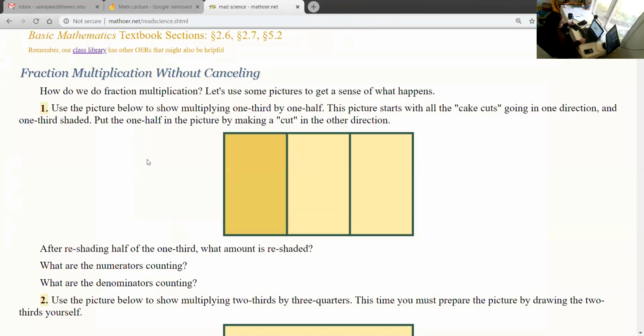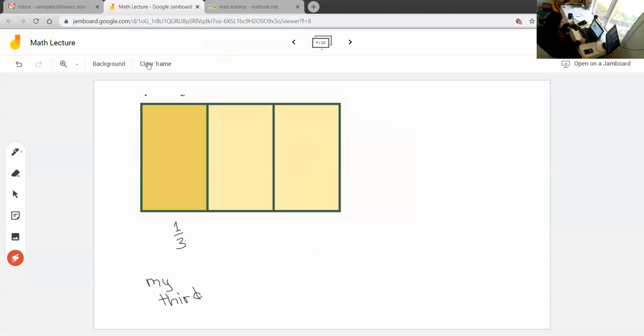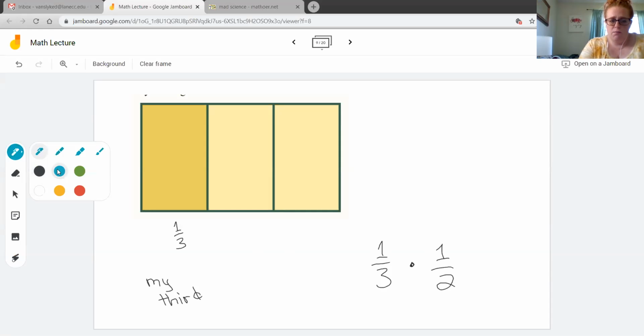So we want to show multiplying 1/3 times 1/2. So if I was to do 1/3 times 1/2 as a picture, how would I draw that? Another square with just half of it shaded.